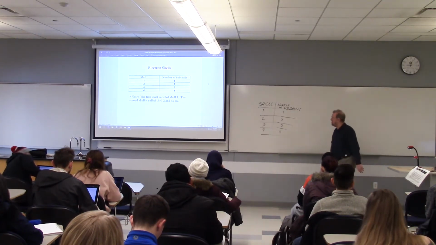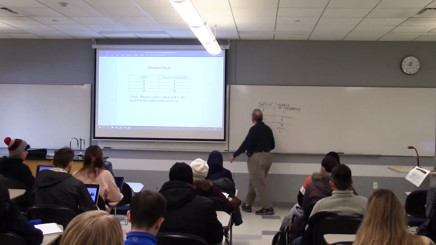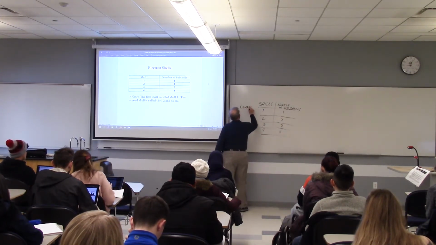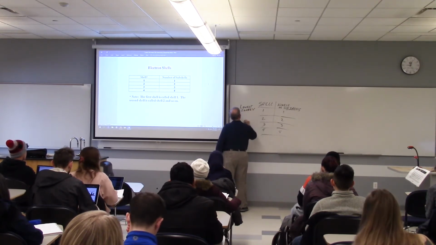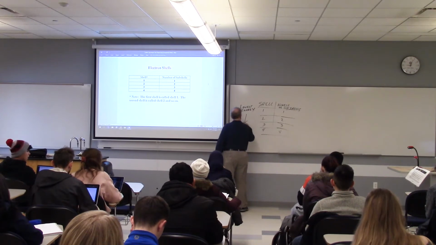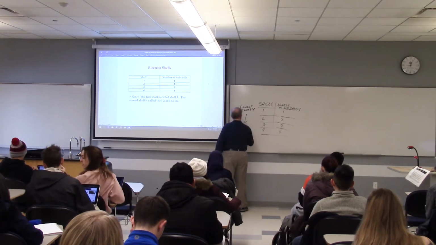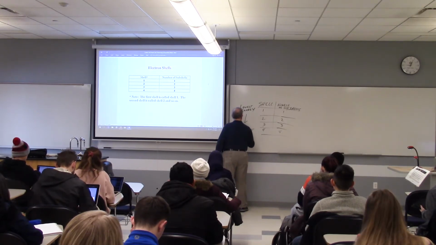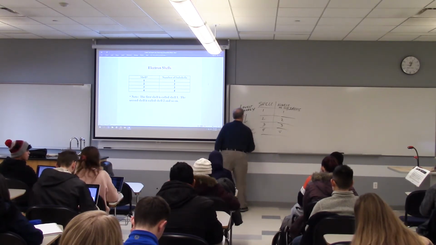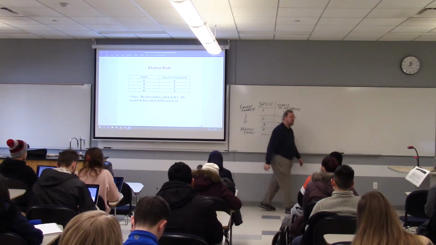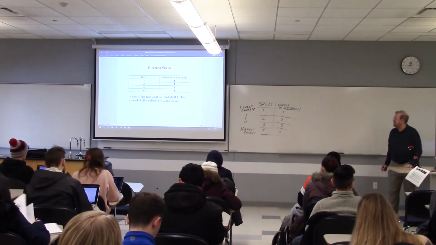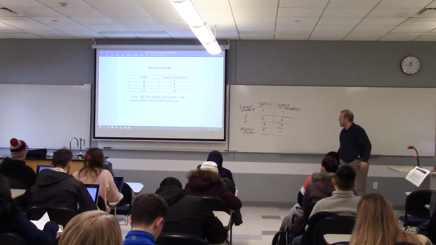What's not on the screen that you should remember: shell 1 has the lowest energy electrons, then shell 2, shell 3, and 4, and shell 4 has the highest energy.